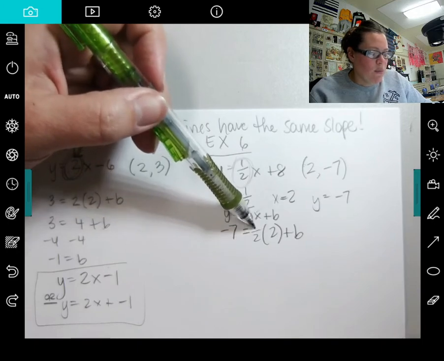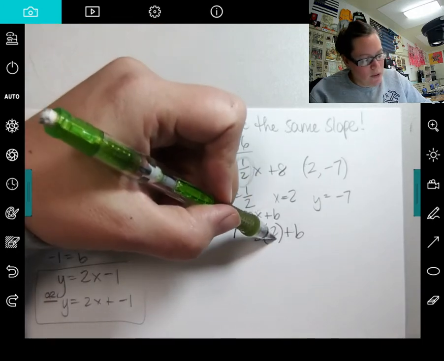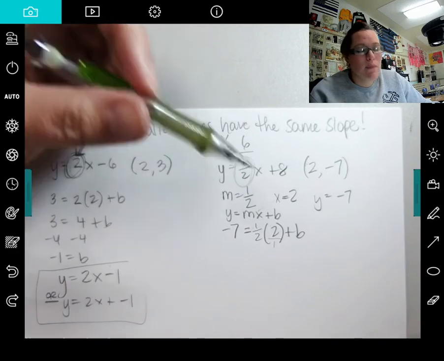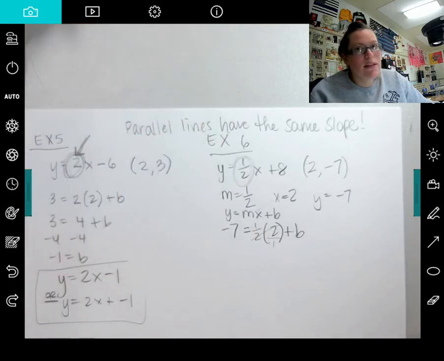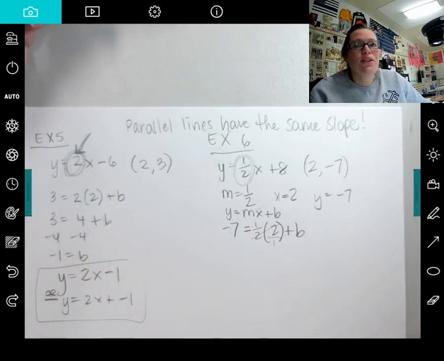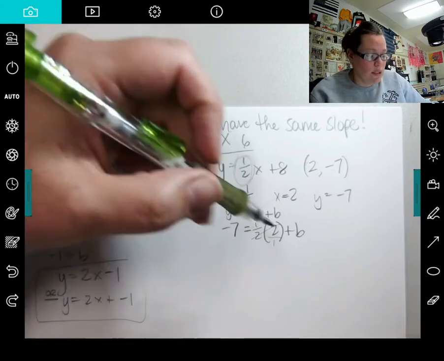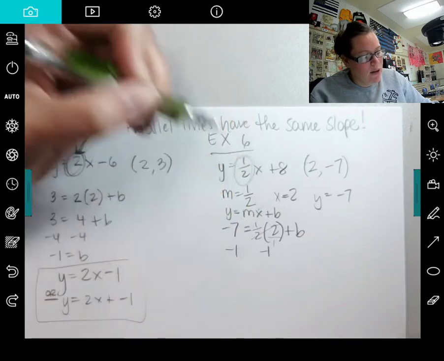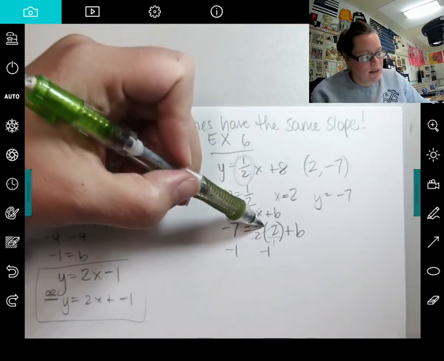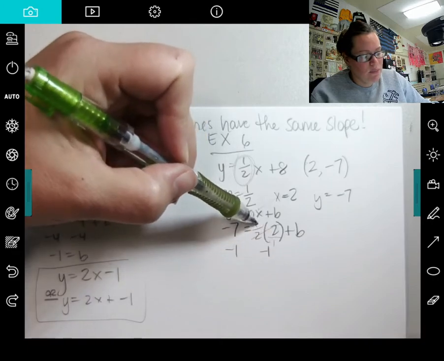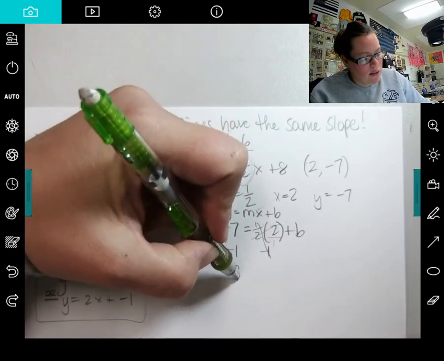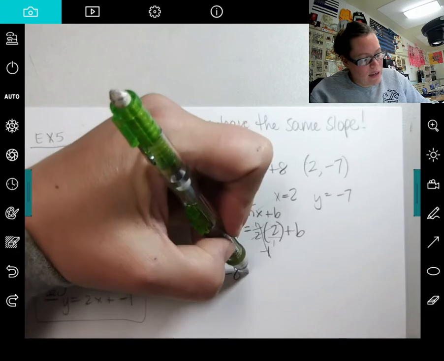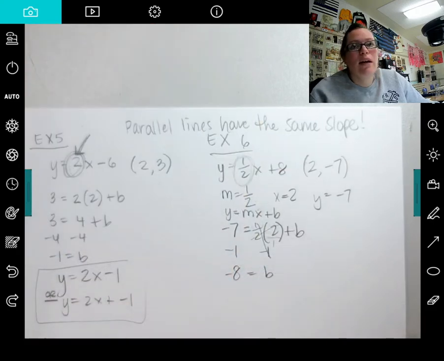When we multiply 1/2 and 2, you could write it as a fraction, 2/1, or you could just recognize that the 2's are going to cancel. So either way, you'd either get 1 or you'd get 2/2, which is 1. So we get a +1 here. If we subtract 1 from each side, it'll cancel this out. On the left, we have -8, and on the right now, all we have is b. So we found our b value.